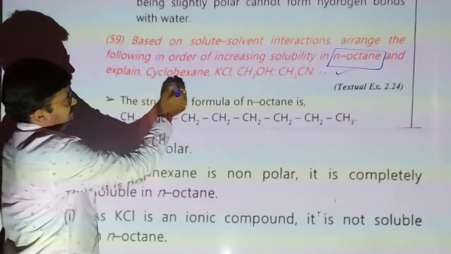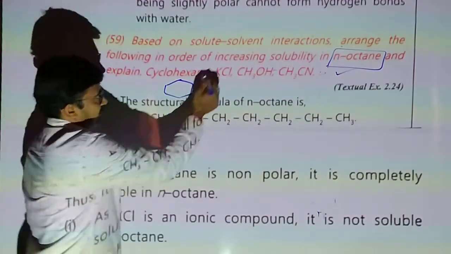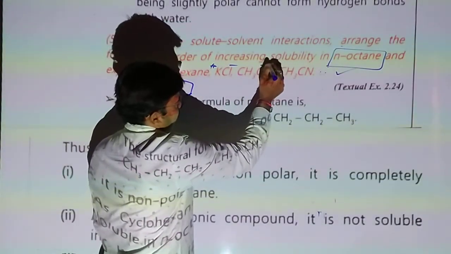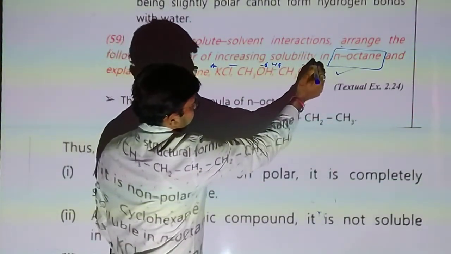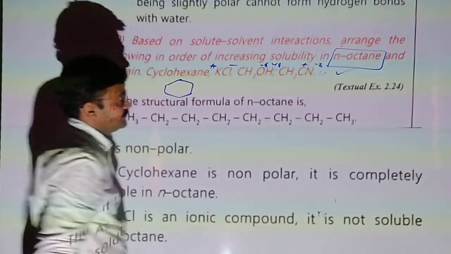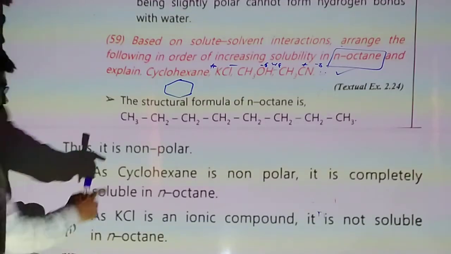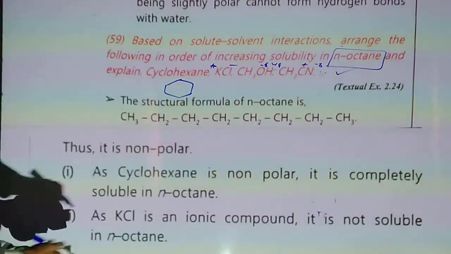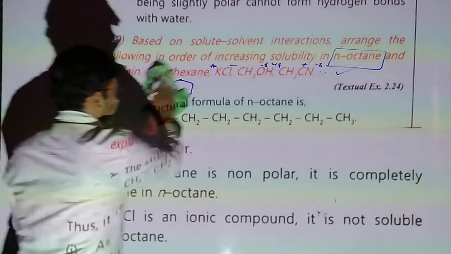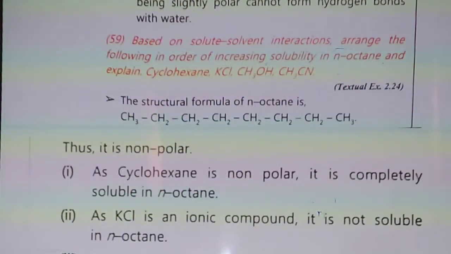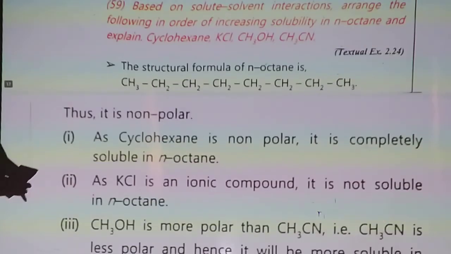We are dissolving cyclohexane, potassium chloride, methanol and methyl cyanide. You can see the structural formula of normal octane. In a straight line there are 8 carbons, which is totally non-polar. As cyclohexane is non-polar, it is completely soluble in normal octane.